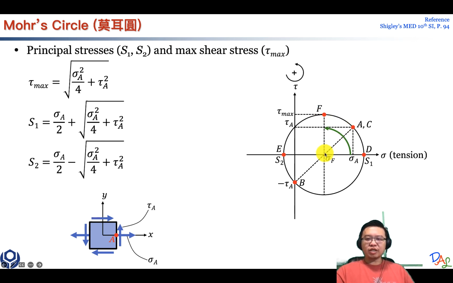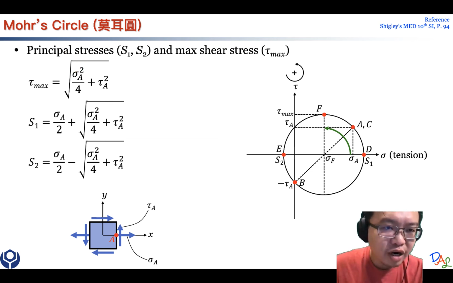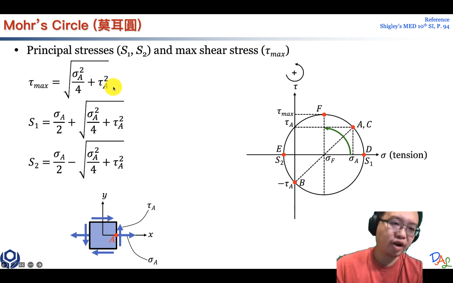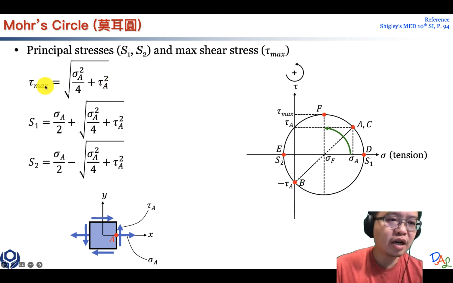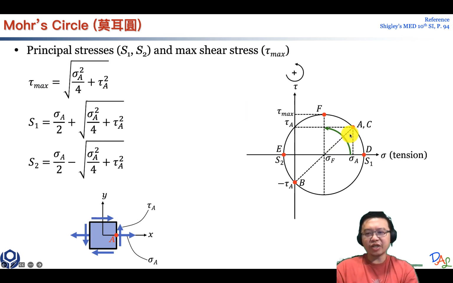So it's the same as this tilting edge of this triangle. If we study this triangle, the height is tau A, and the width right here is basically half of sigma A. So we can use the square root of half sigma A squared plus tau A squared to get tau maximum, basically the radius of the Mohr circle.